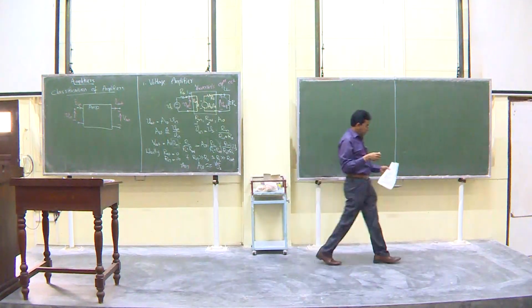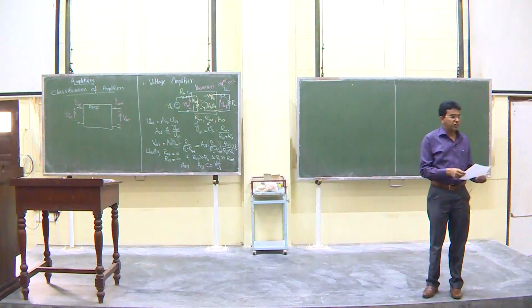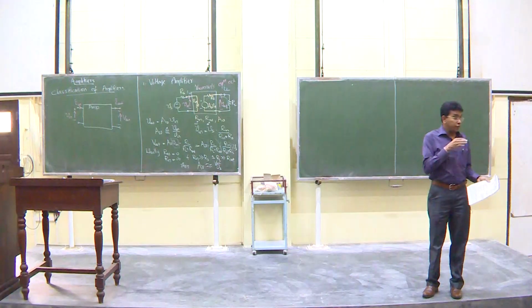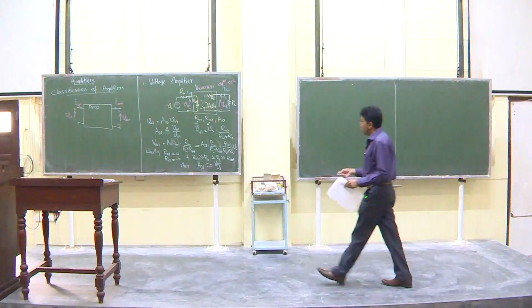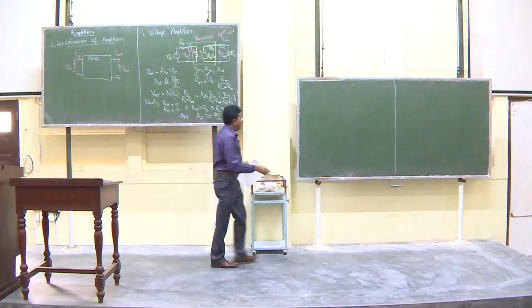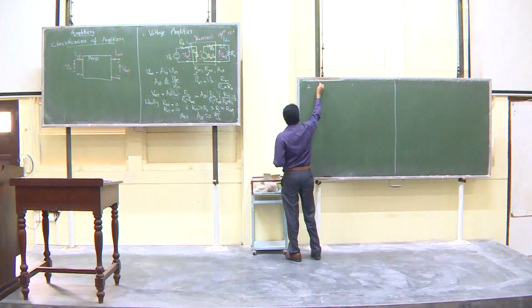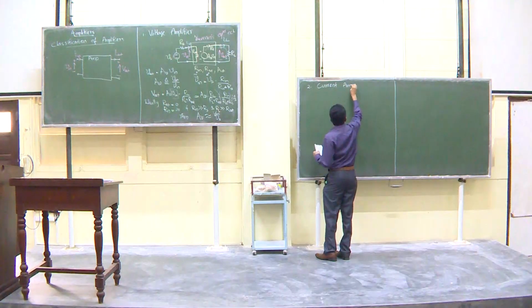Right. Now, the second one. We have a voltage amplifier; the second one is where you input a current and take an output current. Okay. So, the second one is a current amplifier.